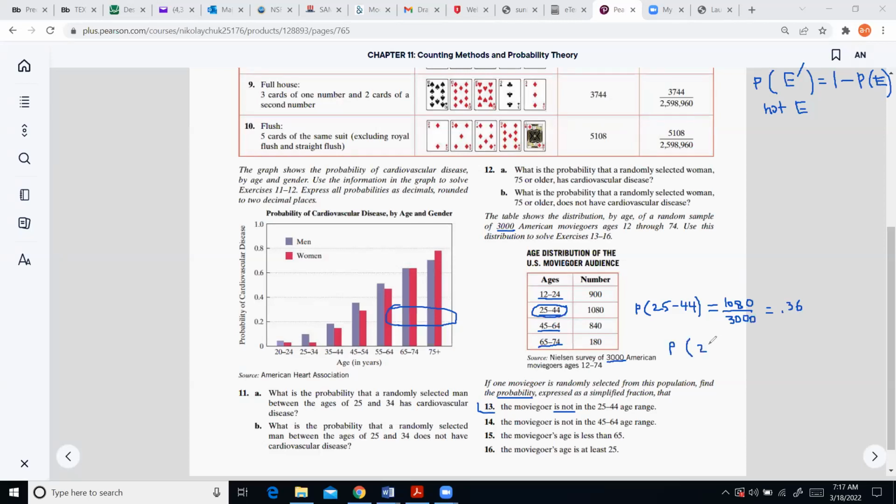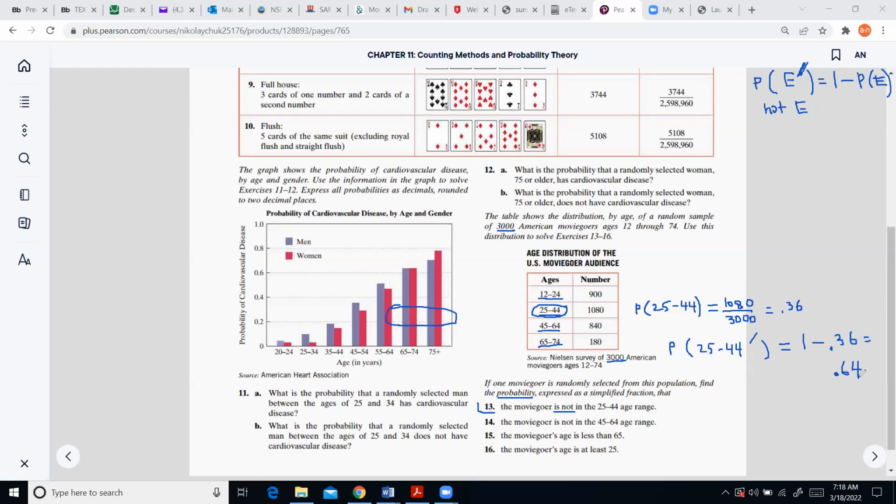In other words, if you take this group 25 through 44, and then you put the complement like they do here, see this prime, this little symbol, well, you could just subtract from 1 according to the formula above. So if you have 36% of people going to the movies, what about not that? What about the opposite? Well, it'd be 64% not from that group, the opposite.